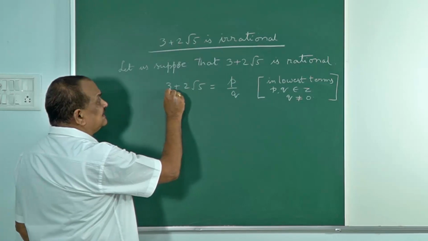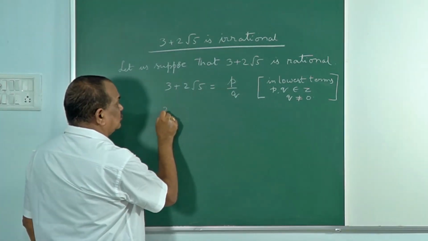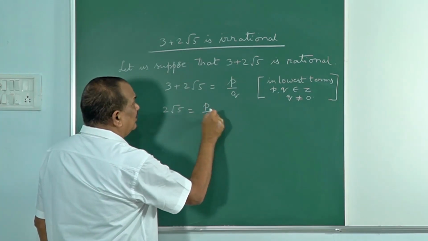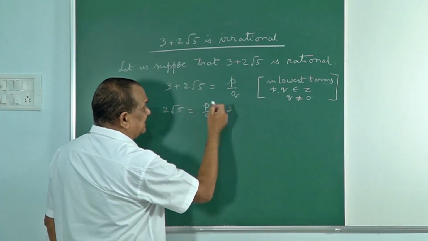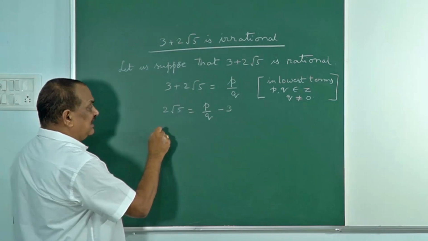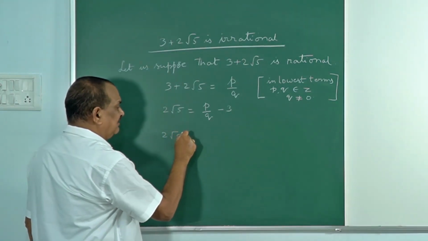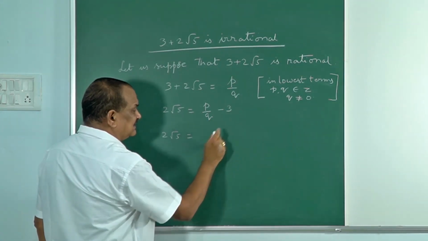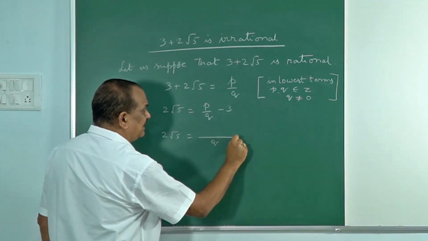Now I take this 3 to that side. So 2 times root 5 is equal to P on Q minus 3. And 2 times root 5 is equal to, Q is the LCM of both the denominators, I write a common denominator.